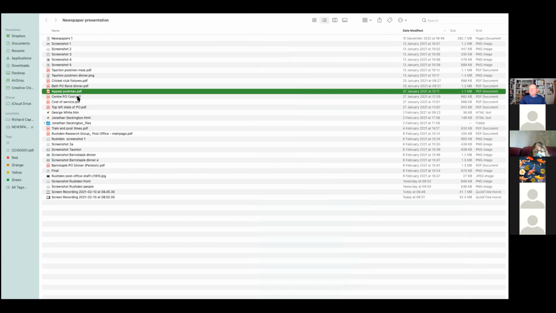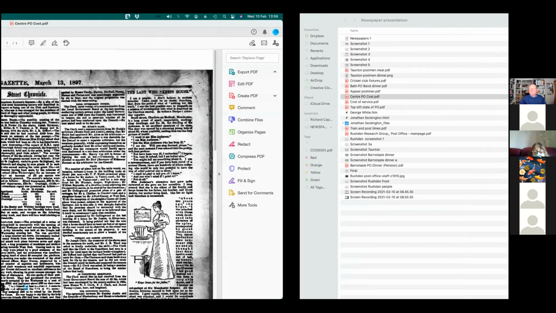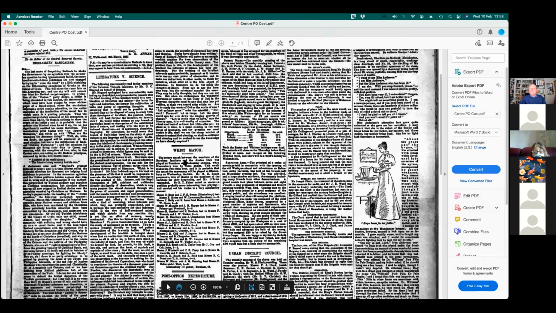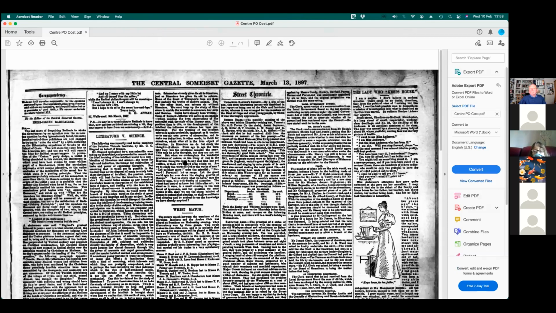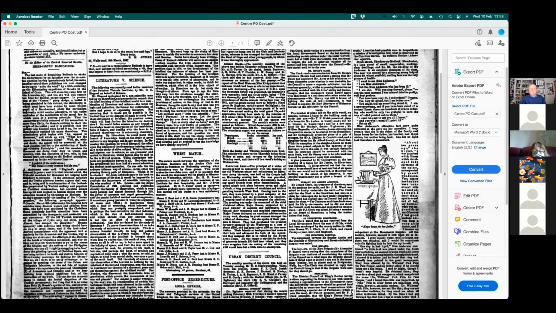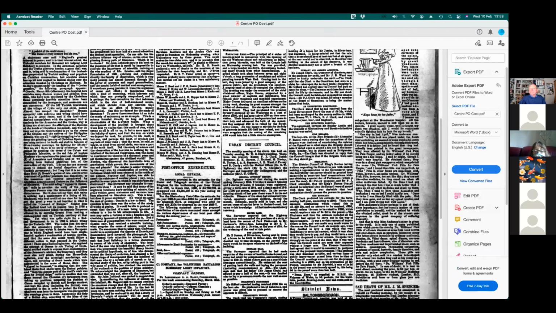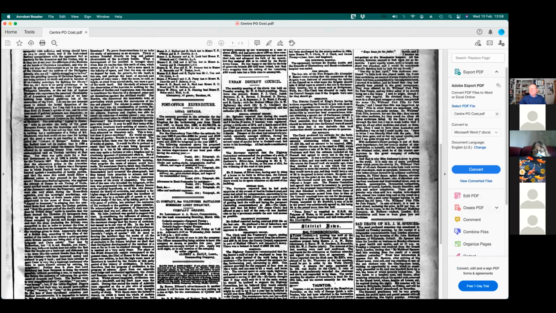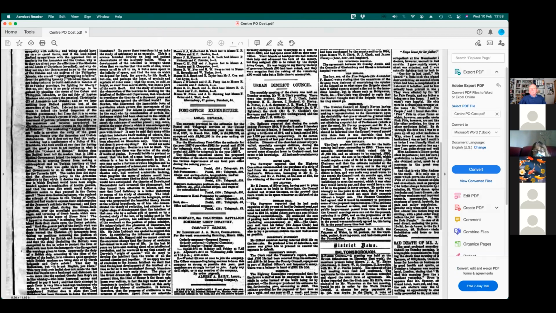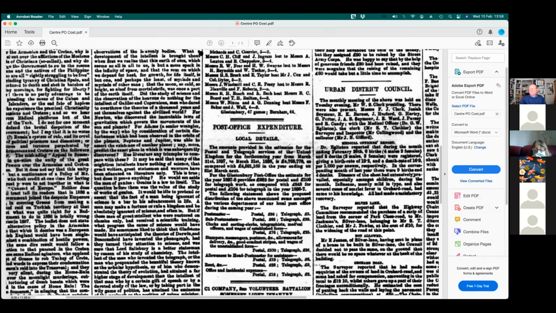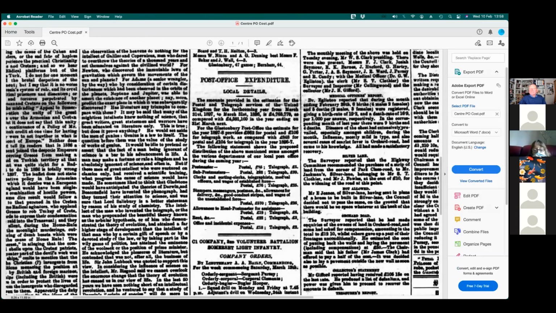Another thing that I find interesting here is every year you tend to get the costs of the post office put out, who was getting what amount of money. And if I can find it there, here we are. Now, I've seen this in many local newspapers. Every year, these details were produced, and there it shows you the cost, the salaries of each of the postmasters, sub-postmasters, clerks.